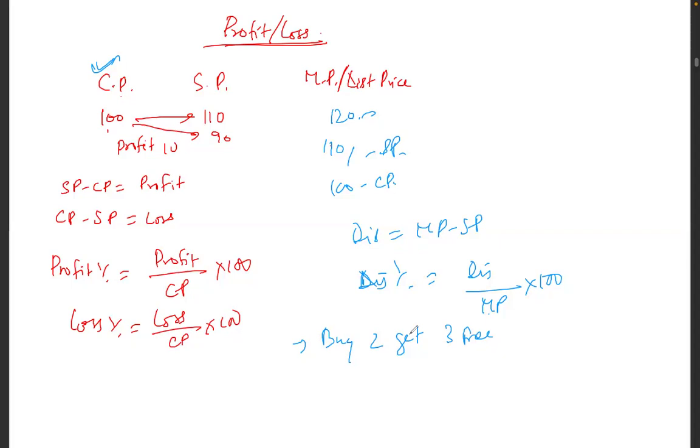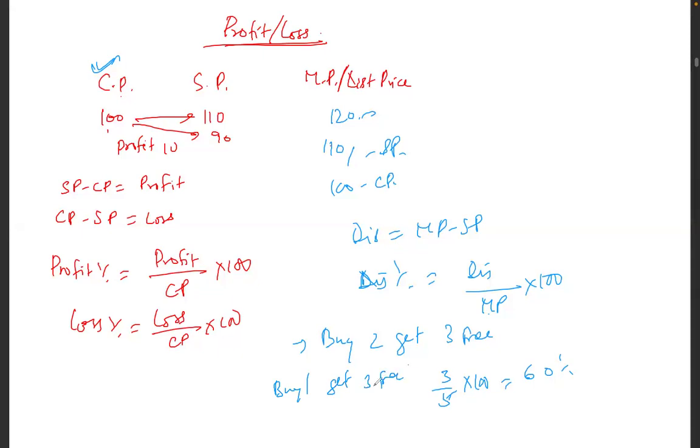You are paying for 2 and getting 3 for free. So 3 out of 5 you are getting free. So 3 by 5 into 100 will give you discount, and that is 60%.